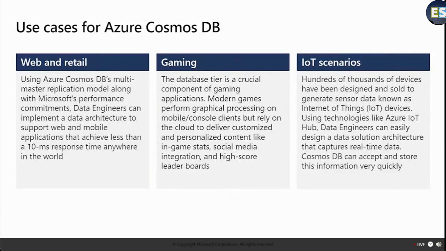This data can then be used by analytics services like Azure Machine Learning, Azure HDInsight, or Power BI to run analytics workloads on top of it. Additionally, you can also process the data in real time by triggering an Azure function to help filter and process some of that data as it comes into your Azure Cosmos DB database.